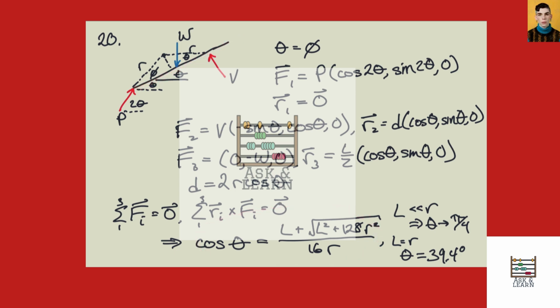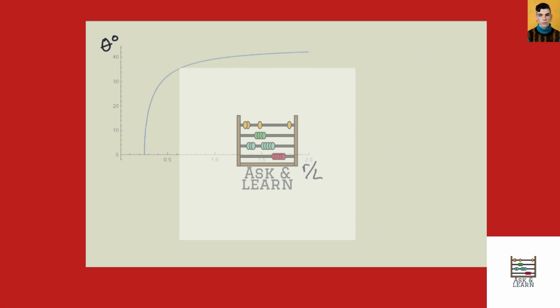And then you can see that if L is a whole lot less than R, then the angle goes to pi over 2. And then I made a plot here of R over L, and this is theta in degrees.